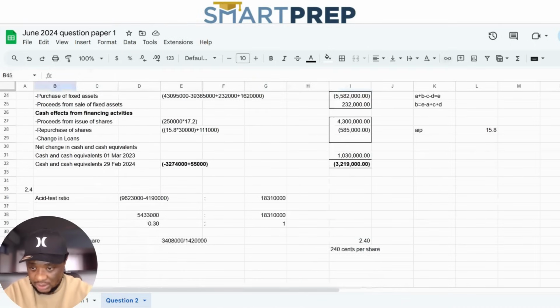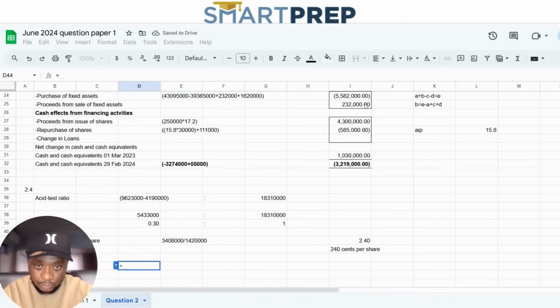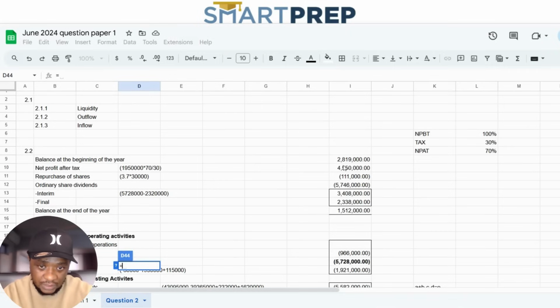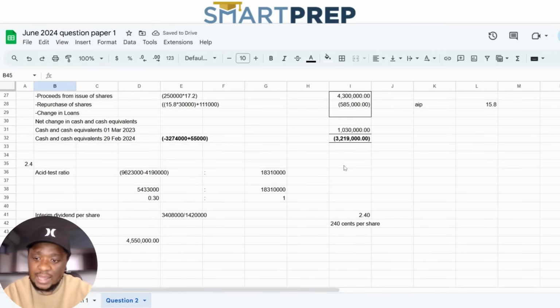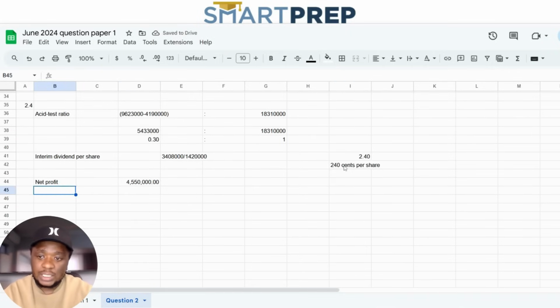So to do this, let's just write some of these things down. The net profit, from the previous calculations, you know it's 4,550,000. And then the other thing that we do not know is the average equity.